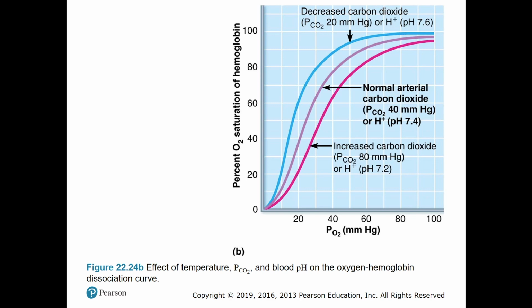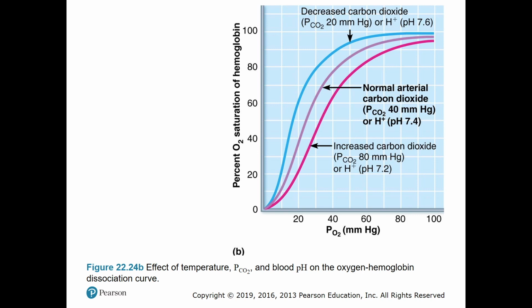For a decreased carbon dioxide or a pH of 7.6, we have the dissociation curve, the blue one. And for an increased carbon dioxide of 80 millimeters of mercury or an H plus concentration of a pH of 7.2, we have the red curve.